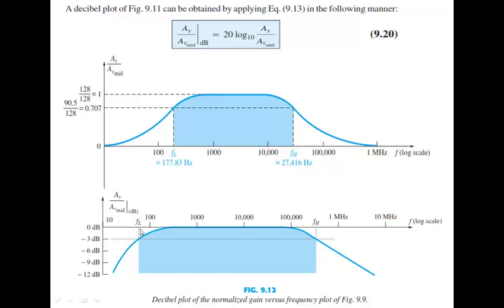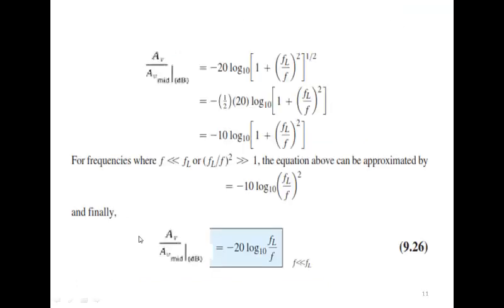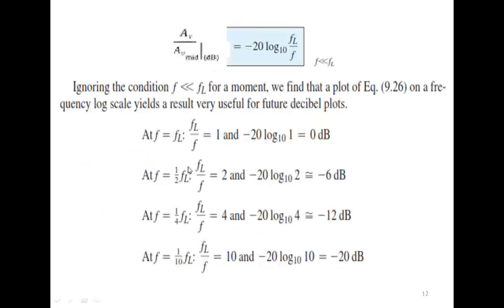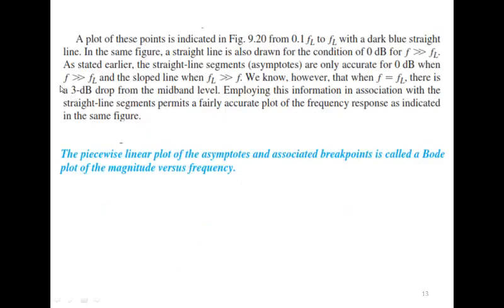You can see here that the response changes as you approach the cutoff frequency. So one asymptote is for frequencies less than the cutoff frequency, and the other asymptote is the one when the frequency is higher than the cutoff frequency.